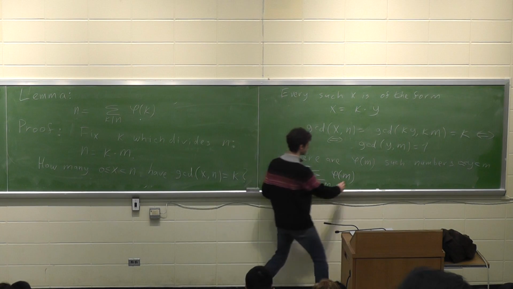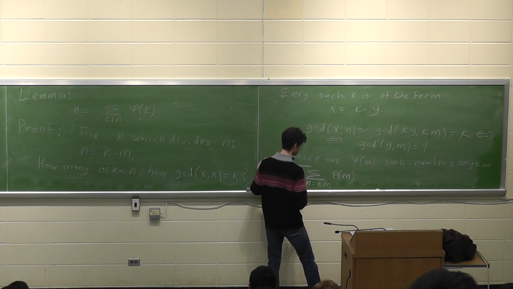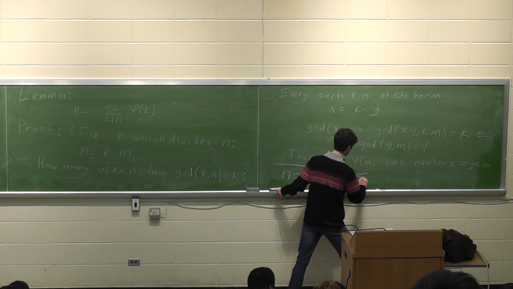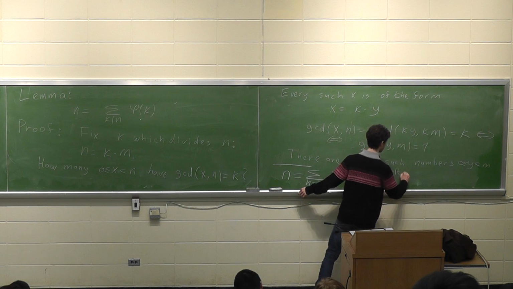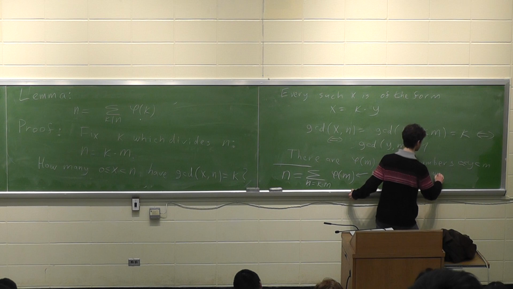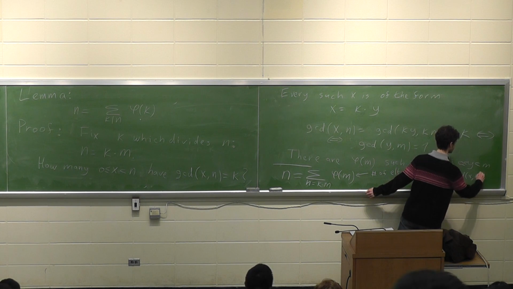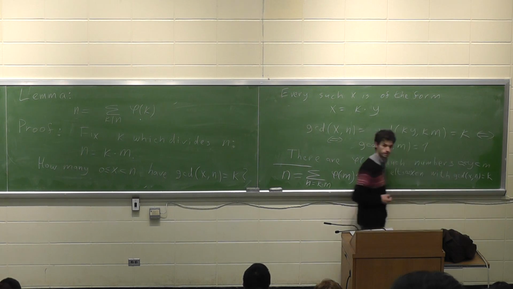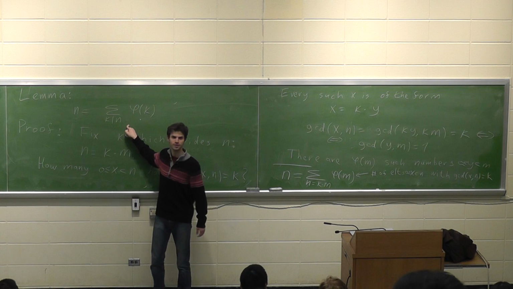So this is great. The thing is, the number of elements x between 0 and n with GCD(x, n) equal to k, but that's exactly this formula.